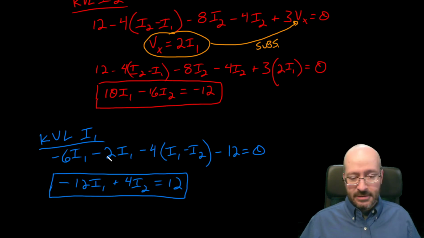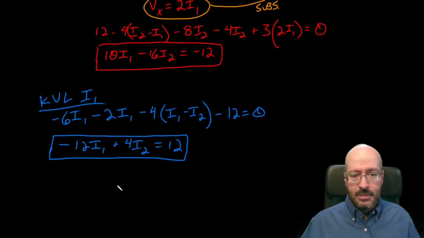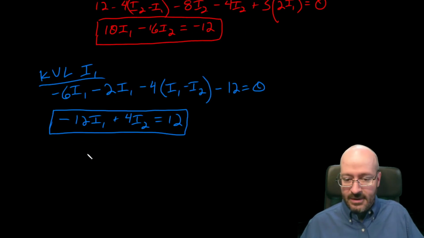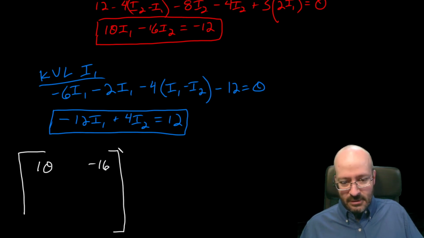Look at those two equations. KVL for I2, KVL for I1. They're a bunch of constants, and they're the unknown mesh currents. So we're ready to put those in matrix form. Let me start it down here, and then I will solve it. I suggest you pull out your calculator or MATLAB or an abacus or a slide rule or whatever you have.